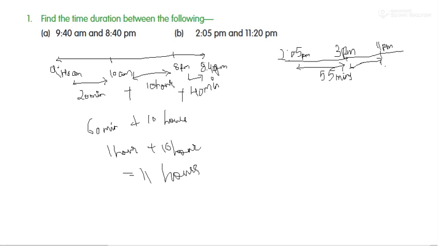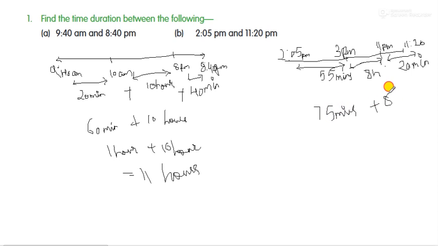So here the difference is 8 hours. So write 8 hours. Now 11 to 11:20, the difference is 20 minutes. Now add the minutes: here 55 minutes plus 20 is 75 minutes.